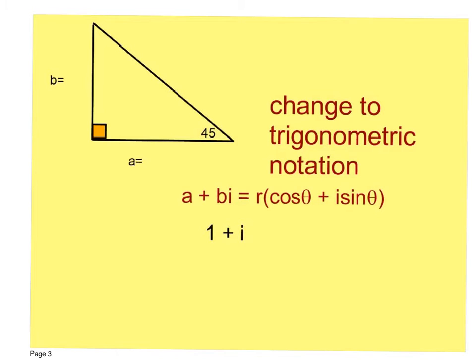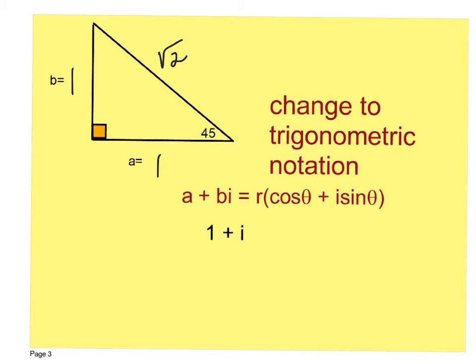So if I'm working in this imaginary plane and I'm asked to change something to trigonometric notation, pulling together what we already have learned about our triangles and their ratios, I would know that I would have 1, 1, and the Pythagorean theorem would give me radical 2 for the hypotenuse.